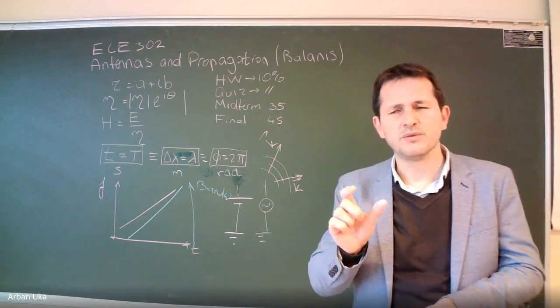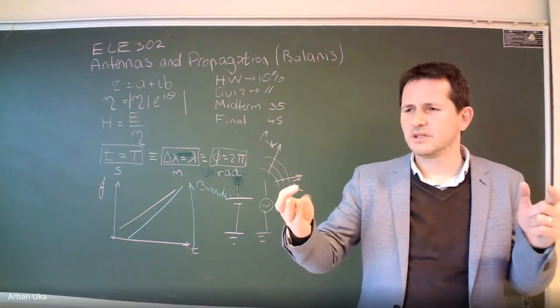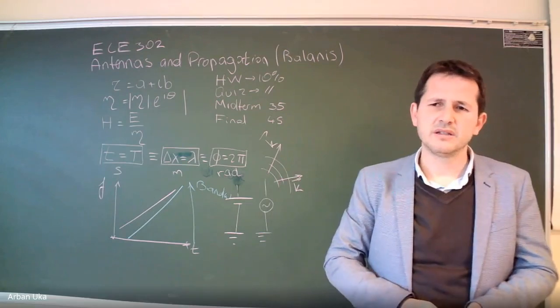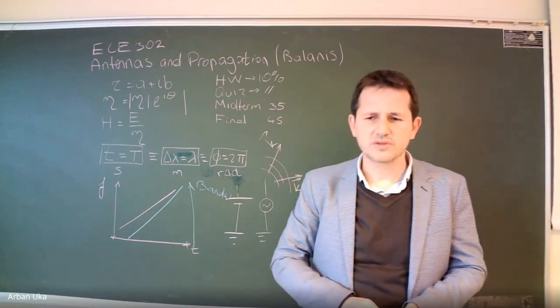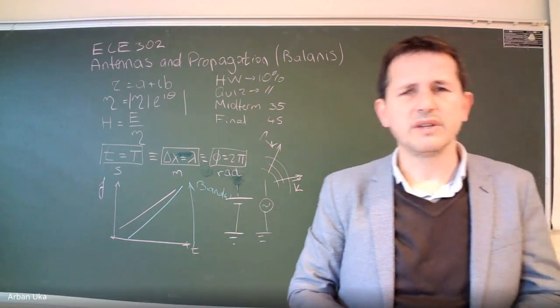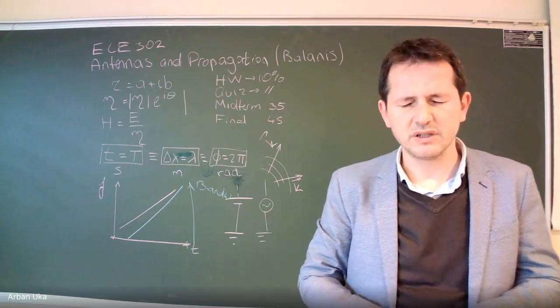Length scale means that you can make an antenna which has a certain length scale, let's say 10 centimeters, and this antenna can successfully match with any wavelength which is equal to the size of the physical component.